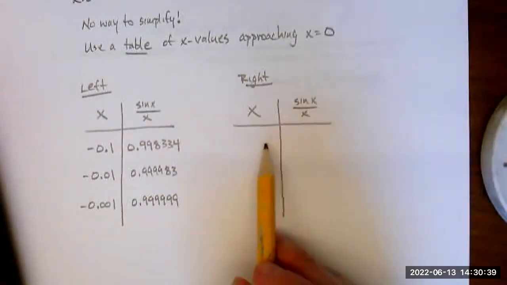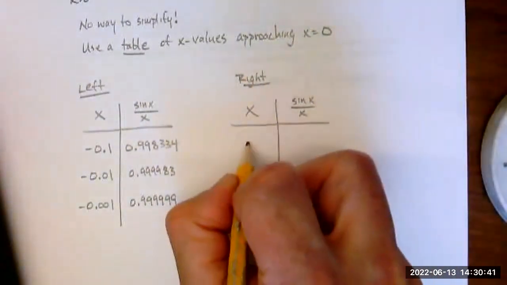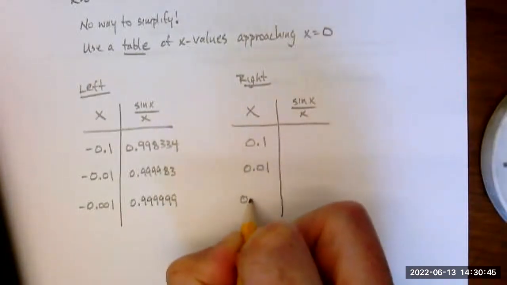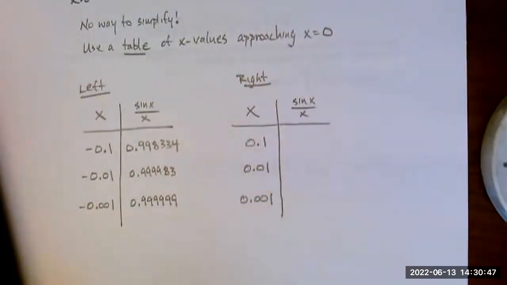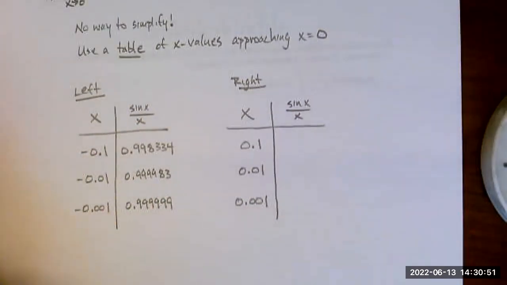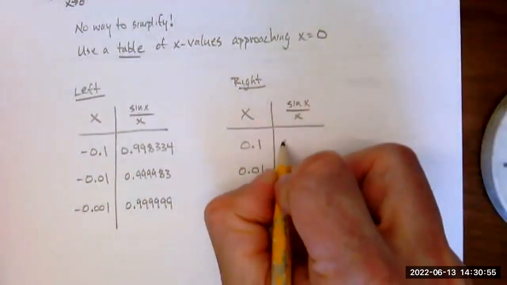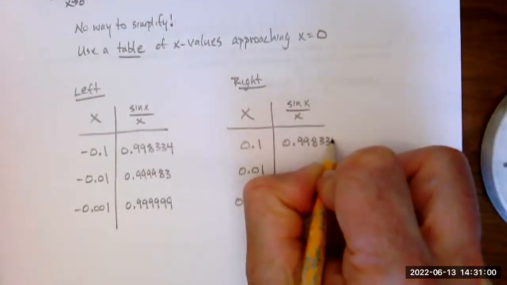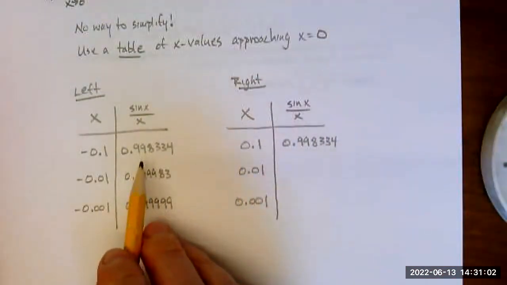Let's do something similar on the right side of 0. Here we can take 0.1, 0.01, and 0.001. And I'll let you do this along with me in your calculator. It turns out you're going to get all the same values.